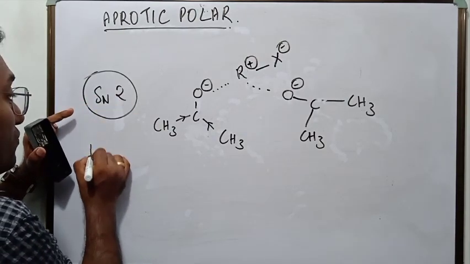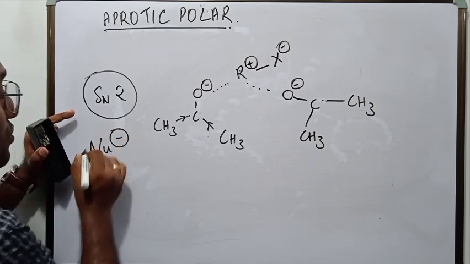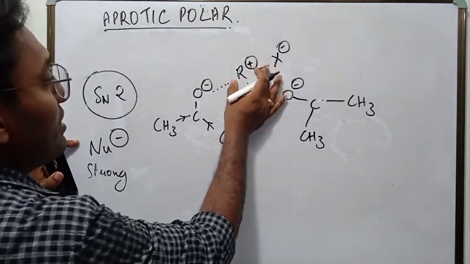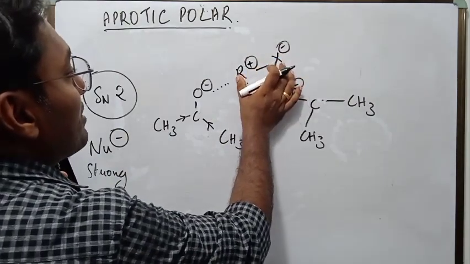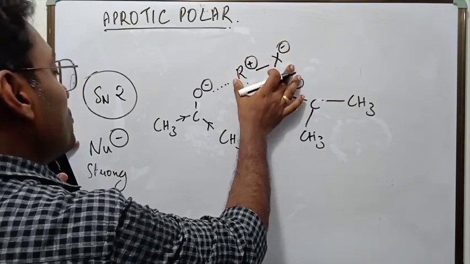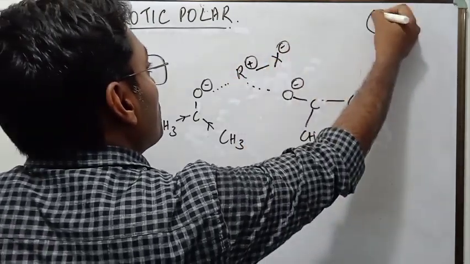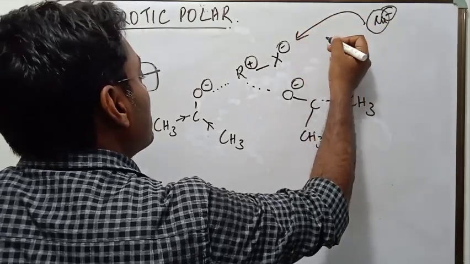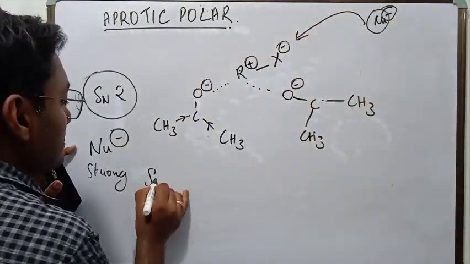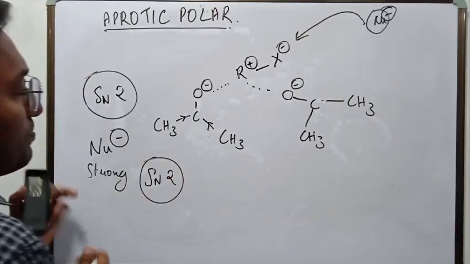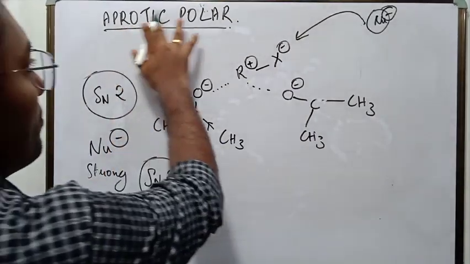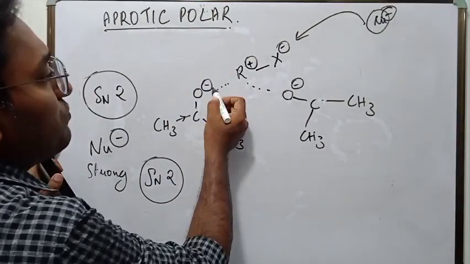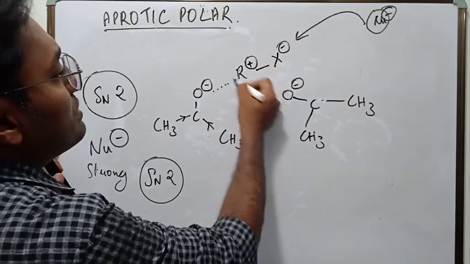Also, the nucleophile should be strong enough. That is, the nucleophile should come and collide with the substrate. If the nucleophile is strong enough to collide with the substrate very fast, then it will proceed through the SN2 mechanism in aprotic polar solvent, which is mildly polar and forms interaction only with the positive side of the substrate.